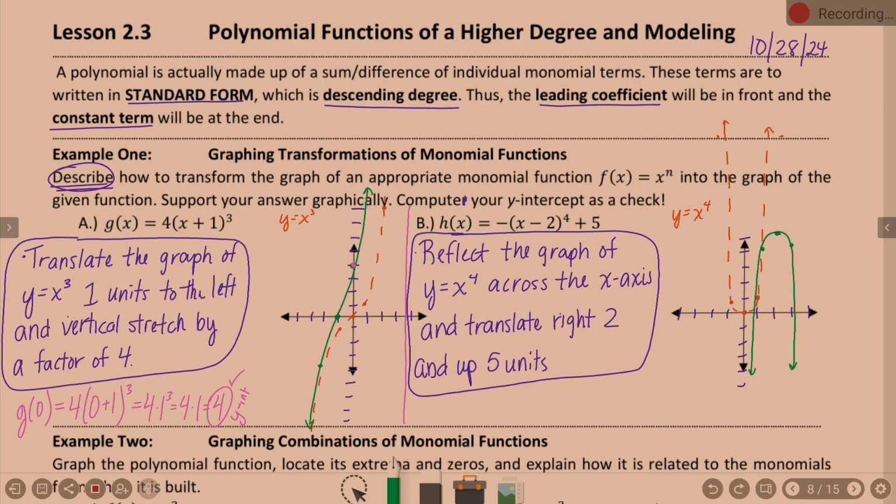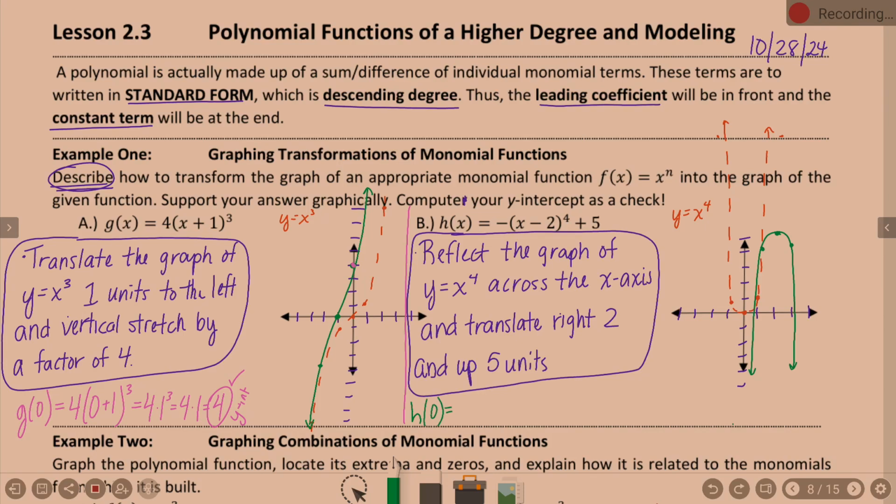Now, I don't really have a y-intercept at this point, do I? We can figure one out. It's at 5 up. Where would you expect it to cross? If you go over 2, down 16, from 5 up, going 16 down, negative 11. So you just plug in. Now, let's see, does it compute?